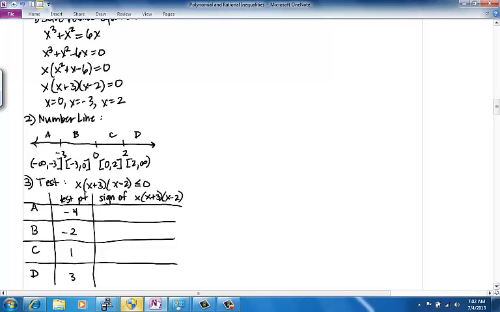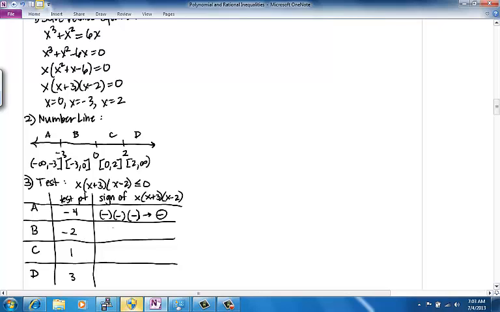And then I'm just thinking about the sign of each factor. x is going to be negative. x plus 3 is also negative. x minus 2 is also negative. So we have a negative times a negative times a negative, which is negative overall.